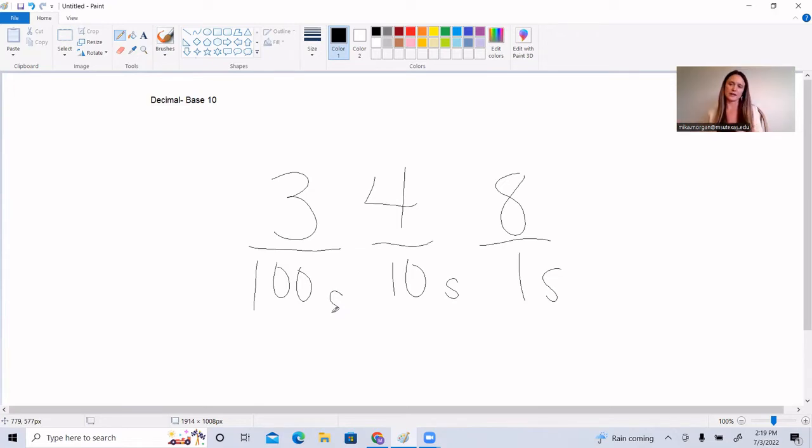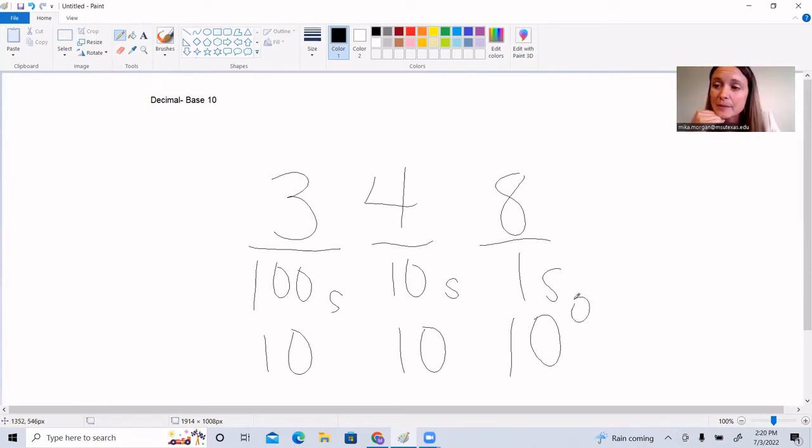Well, what's the pattern there? If I'm going from 1, 10, 100, 1,000, 10,000, 100,000, what am I doing every time to get that next place value? I'm multiplying by 10, right? What we're really doing is taking a base of 10 every time, and the only thing we're changing is the exponent.